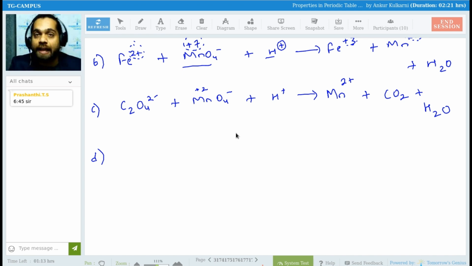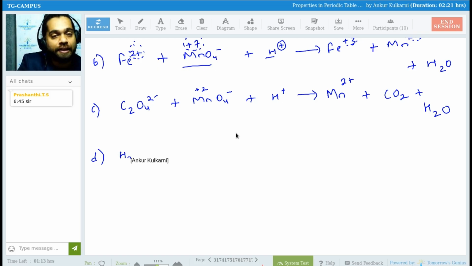Yes, correct, it is a rotten egg smell. Imagine, already an egg has a smell, and now imagine it is rotten, it is spoiled. So H2S has a rotten egg smell.